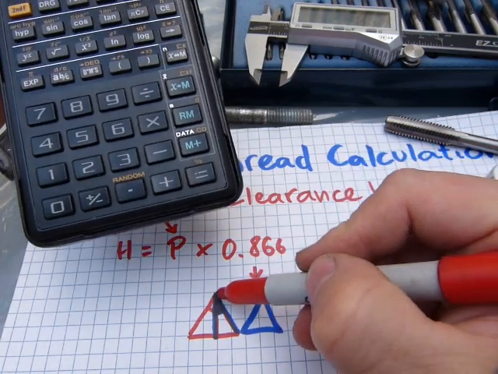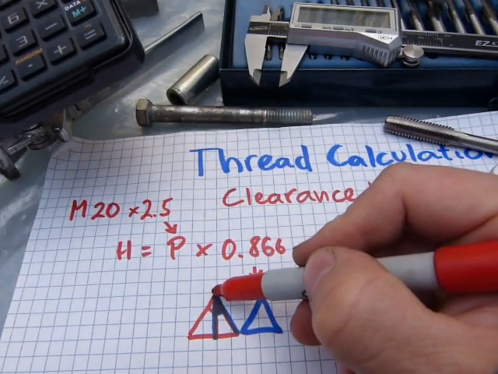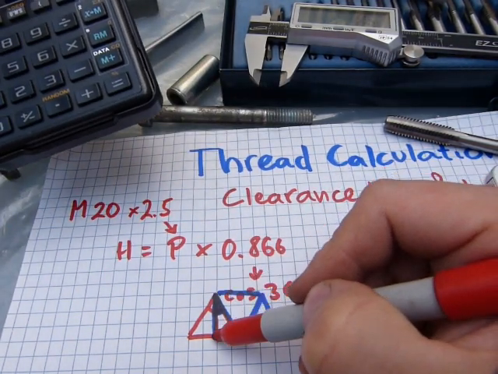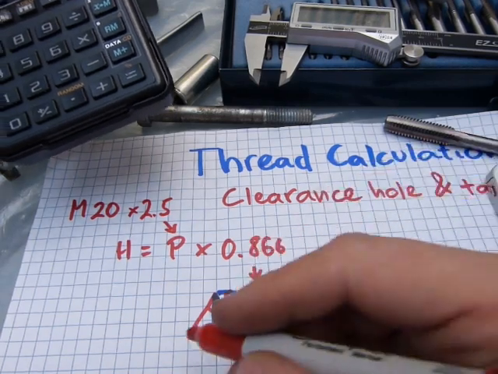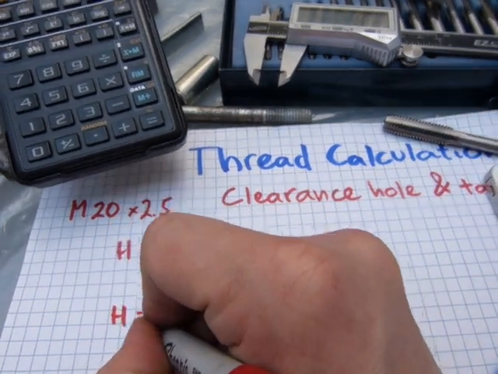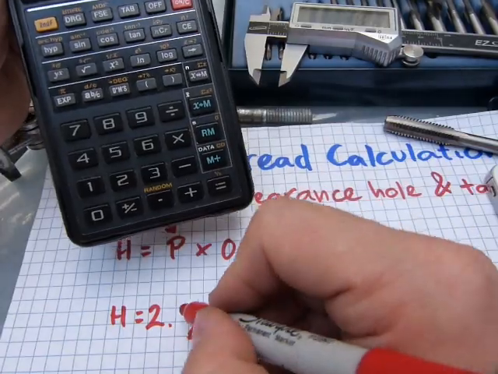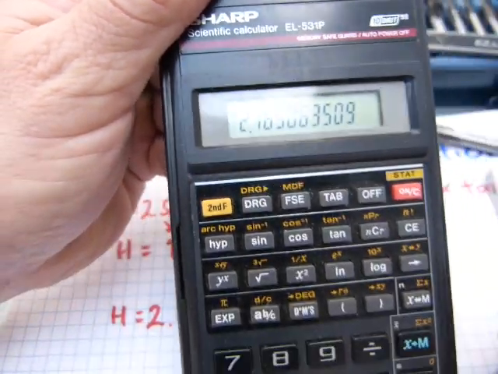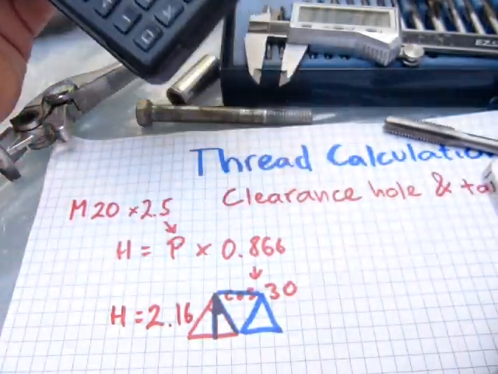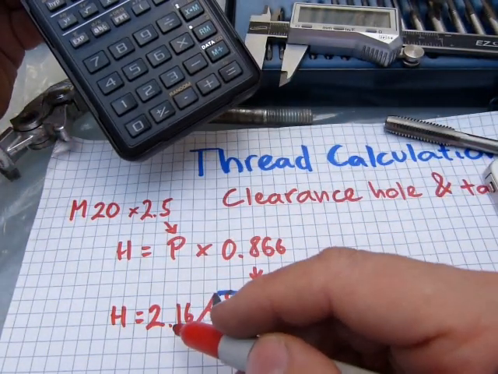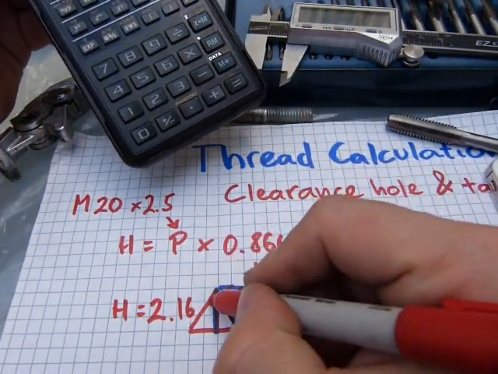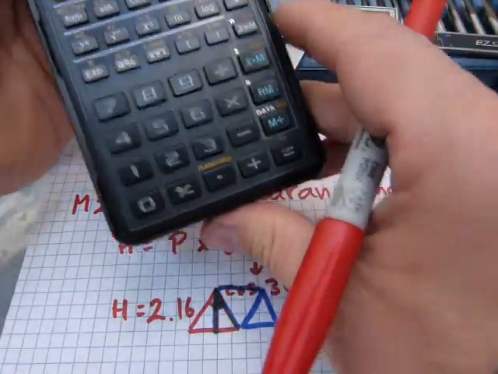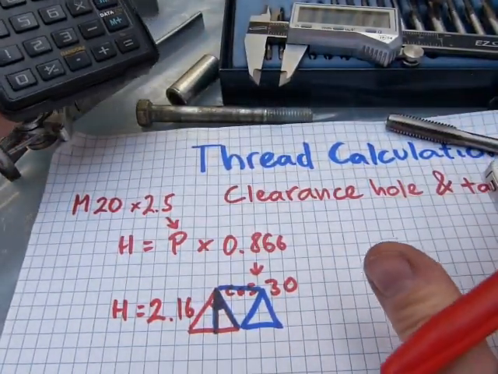That means from the untruncated tip of the thread to the root of the thread. So your thread height would be 2.16 millimeters, and the rest of the digits just leave on the calculator's display. That's thread height. That's not the clearance hole size yet, okay?